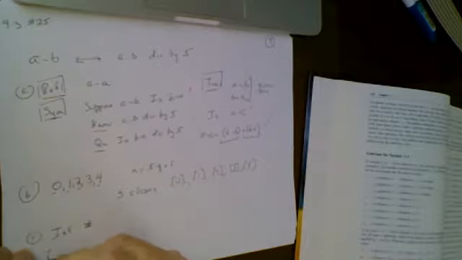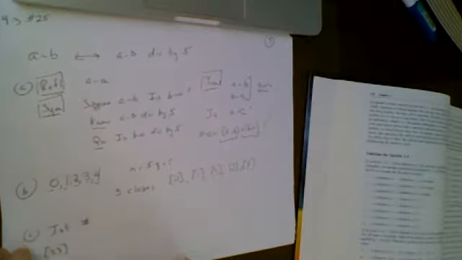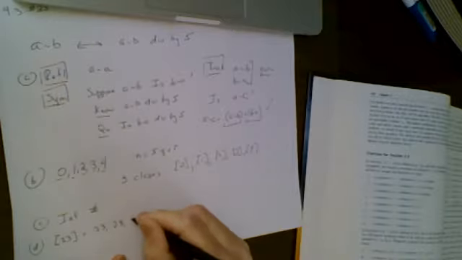Well, if you want 5 elements in the class of 23, all you have to do is, well, 23 is in there, but you could start adding on copies of 5. 28's in there, 33's in there, or you could start subtracting copies of 5. 18 is in there, 13 is in there, because again, anytime you add or subtract copies of 5, you stay inside this set.